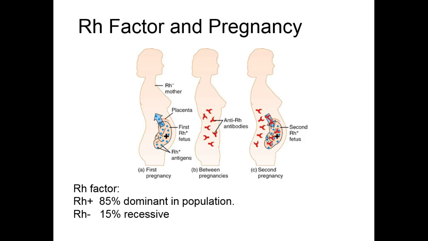So antibodies will be made between the pregnancies, and then in the second pregnancy from an RH negative mother with an RH positive fetus, the mother will actually attack it. The mother's blood will attack the baby's blood because it's not compatible with the second RH positive fetus.